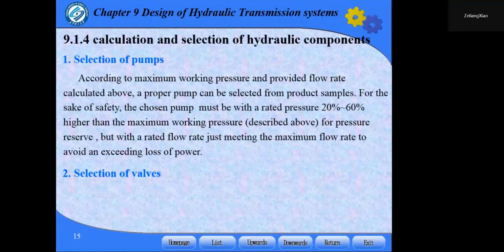The rated pressure and the flow rate of the selected valves must be higher than the system working pressure. Note that the flow rate through the valve must not be higher than 50% above the rated flow rate, to avoid excessive pressure loss.